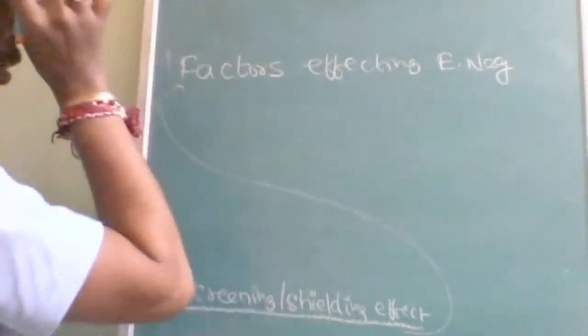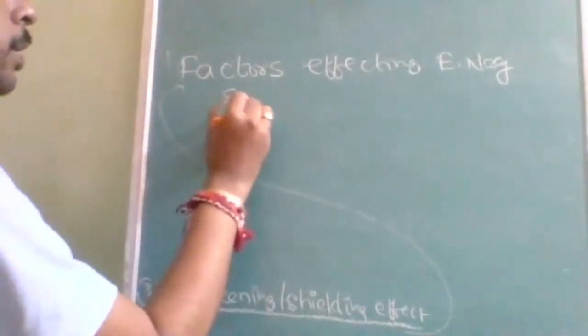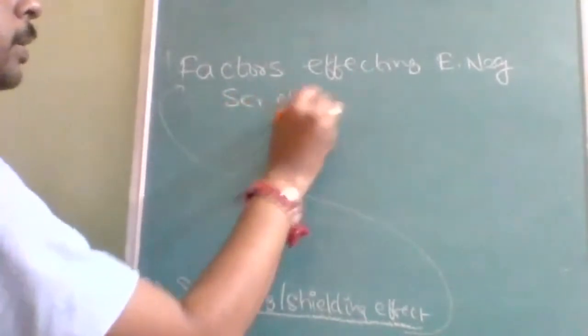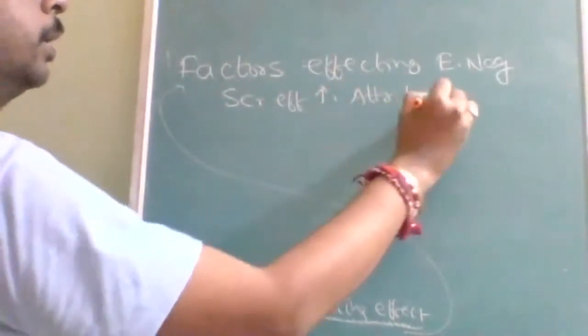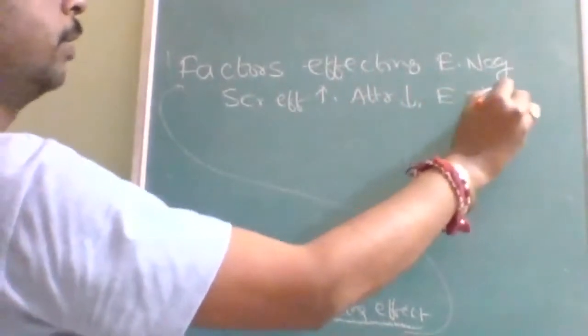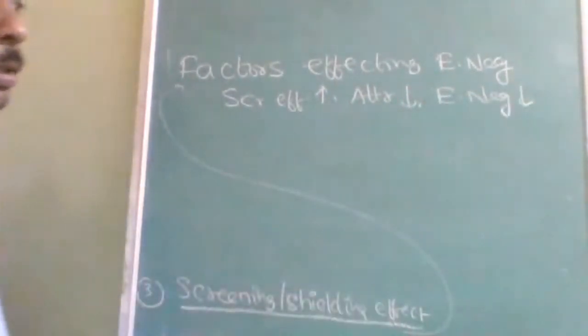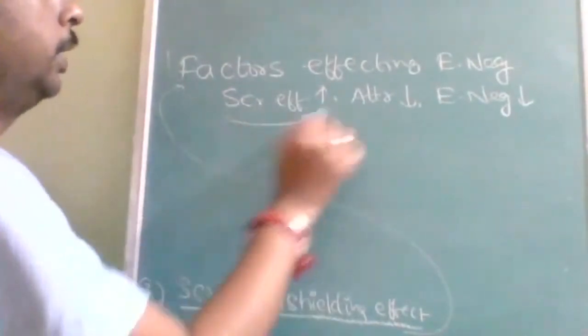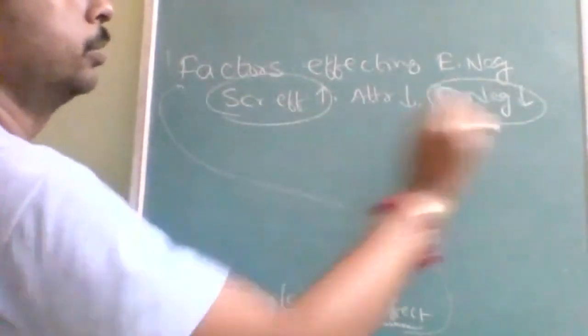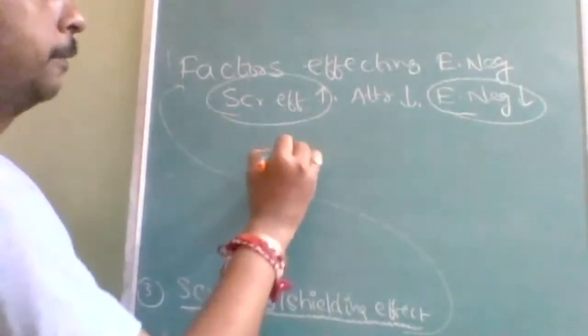So the attraction force decreases as the screening effect increases. Attraction decreases, so what happens to electronegativity? It decreases, because electronegativity means attracting. So this is increasing and this is decreasing, so which proportional? Inversely proportional.